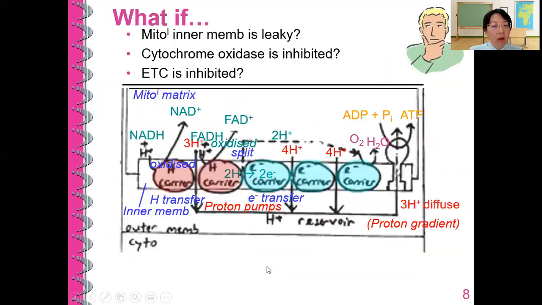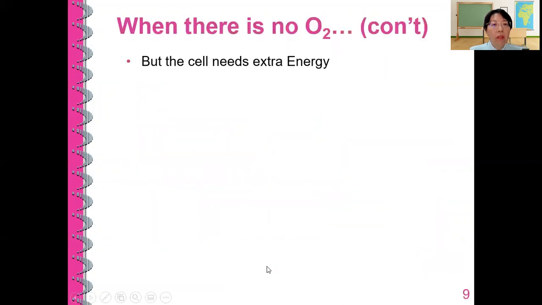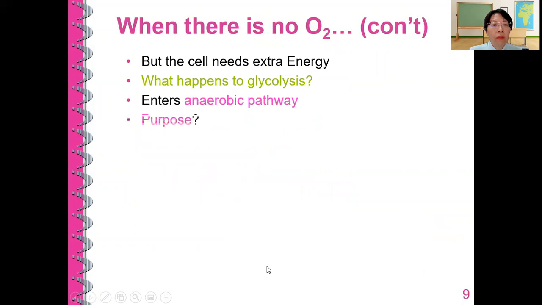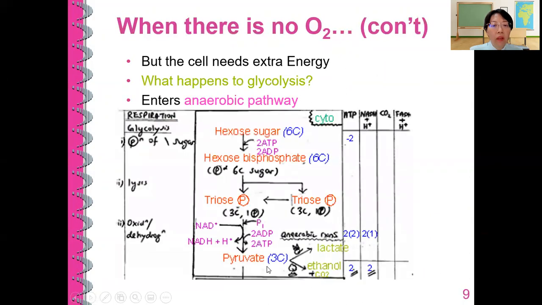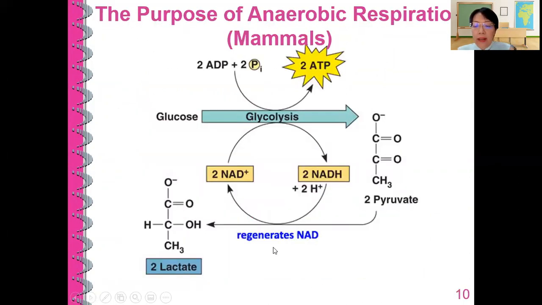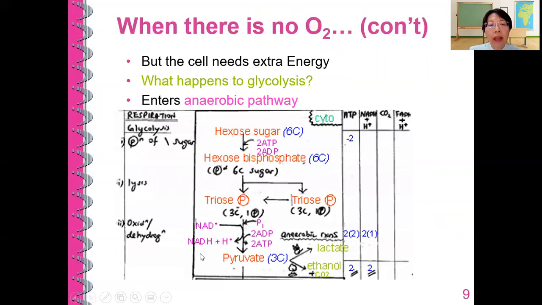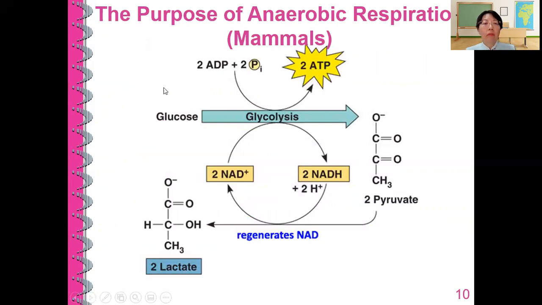But what about glycolysis? Okay, so let's look at how glycolysis can help to regenerate NAD+. Here we start with 1 glucose, which undergoes glycolysis to form 2 pyruvate molecules. And these 2 pyruvate molecules, without the presence of oxygen, will go into the anaerobic pathway.